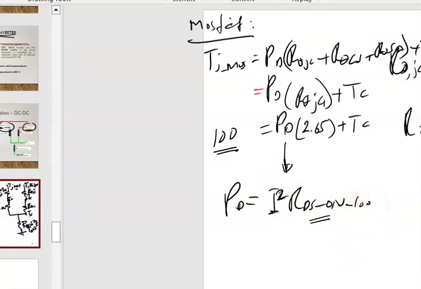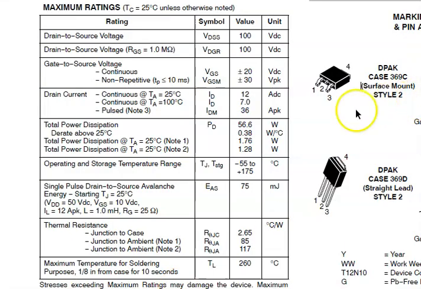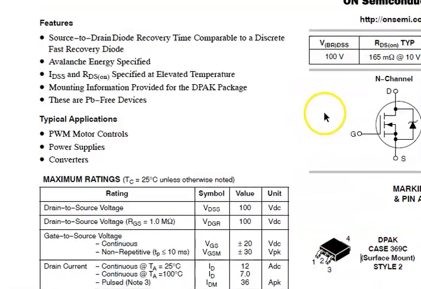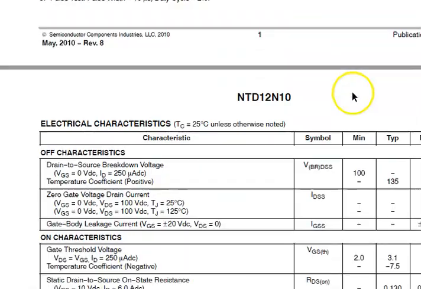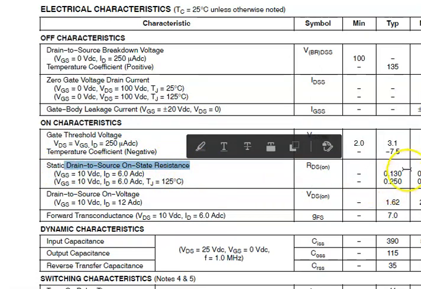So if we take a look at our datasheet, we have here RDS on, on the front page, 165 milliohm. Or you can see directly inside the on characteristics of this device how much the drain to source on resistance is, which is stated over here.